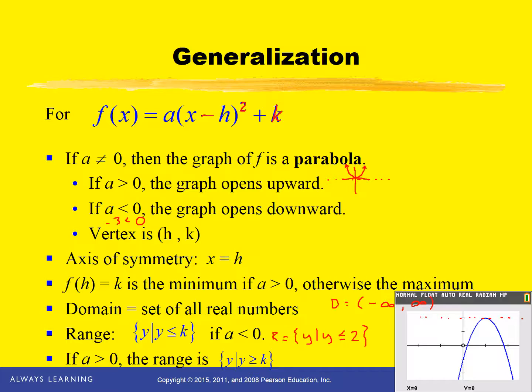And of course the domain is the set of all real numbers. And again, the axis of symmetry, which is this vertical line right here, is the line x equals 1, because it went right through the vertex, which was the point (1, 2).